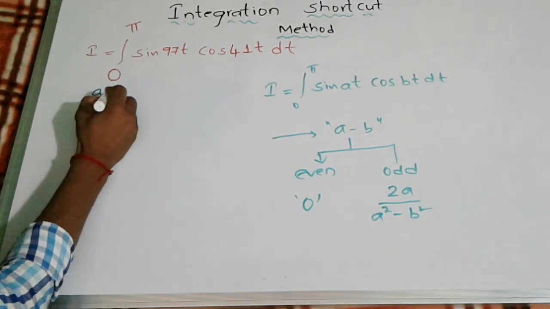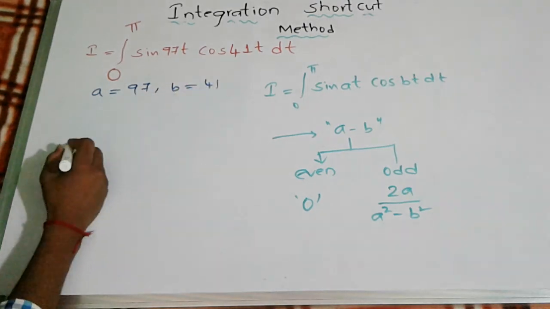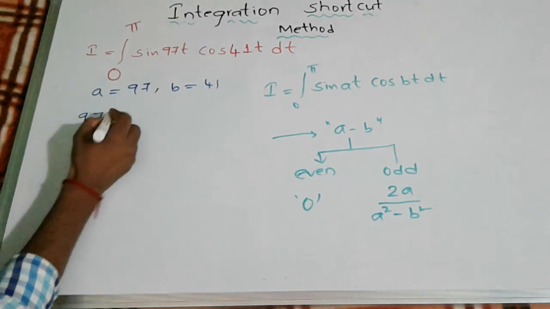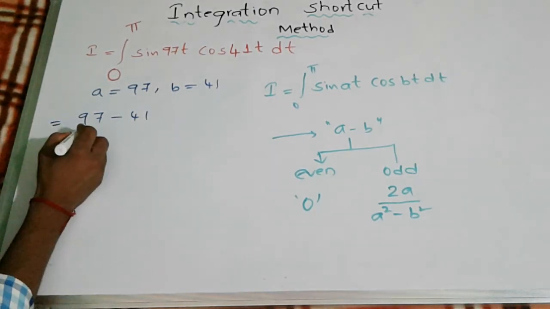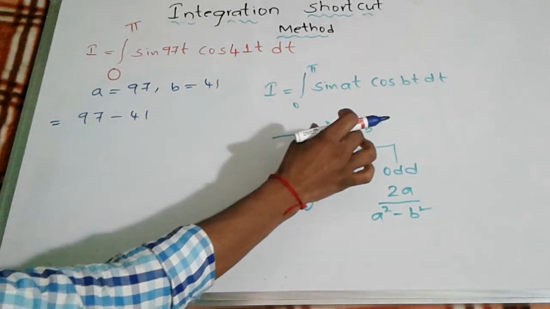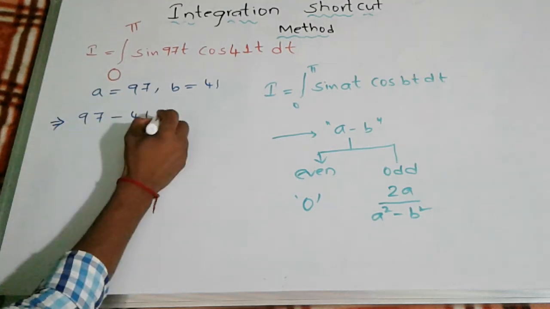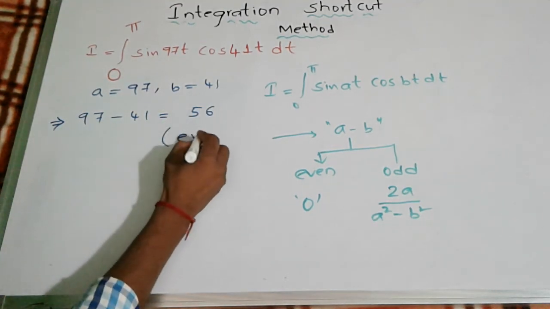So here we have a as 97 and b as 41, right? So 97 minus 41, this is a and this is b. I'm applying this condition, right? So the value of this is 56. So this is even.